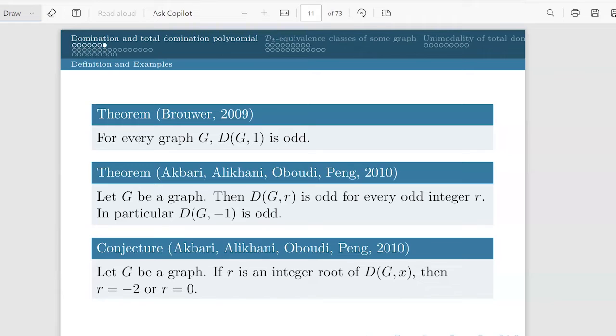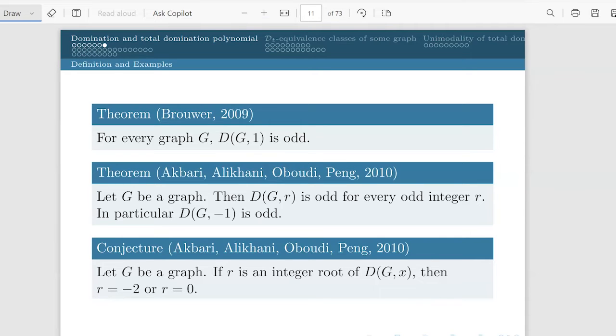Because in 2008, maybe in 2007, I thought about the roots of the domination polynomial, and I had this guess that -1 can be a root. We could prove that -1 cannot be a root of the domination polynomial of a graph, because it is always an odd number.